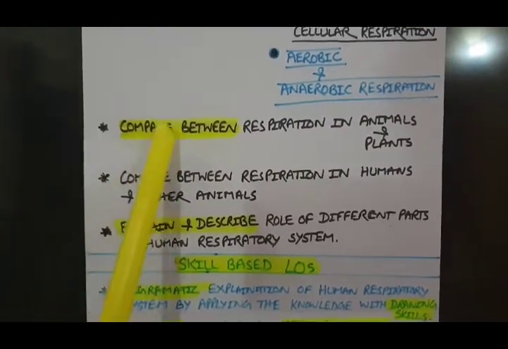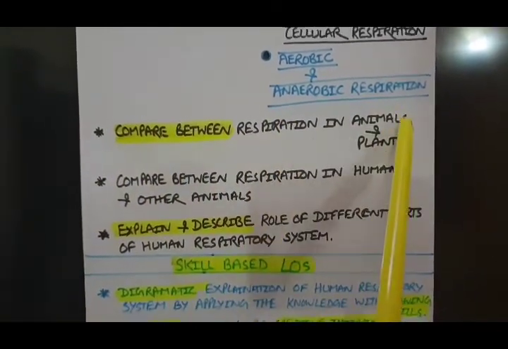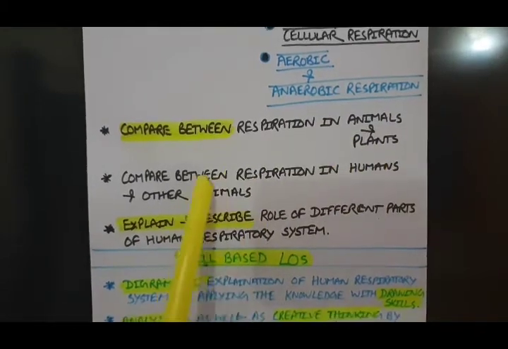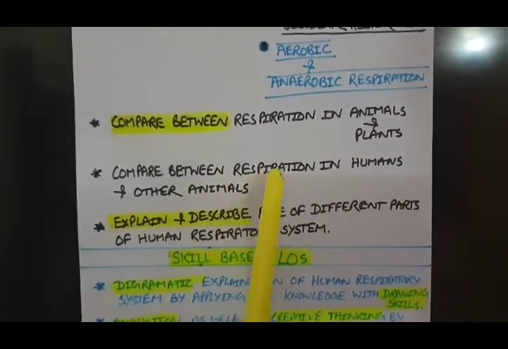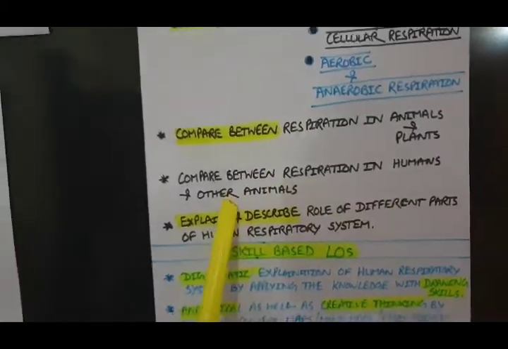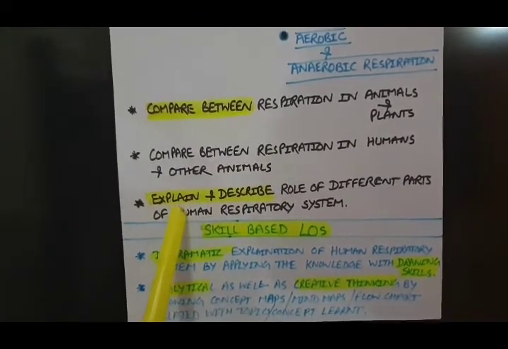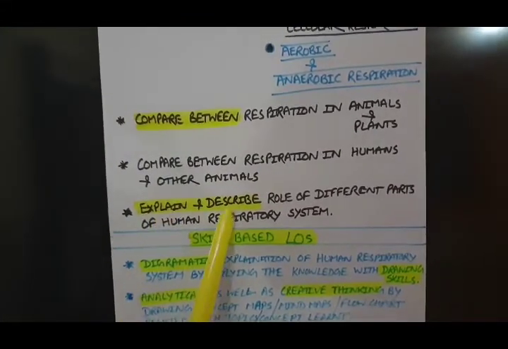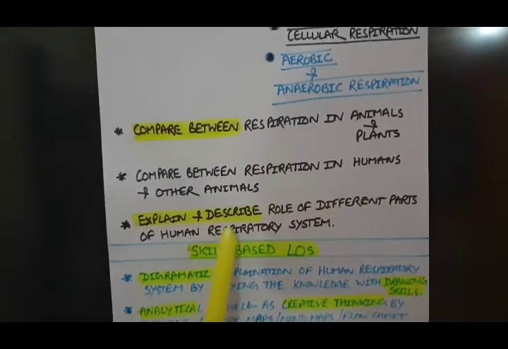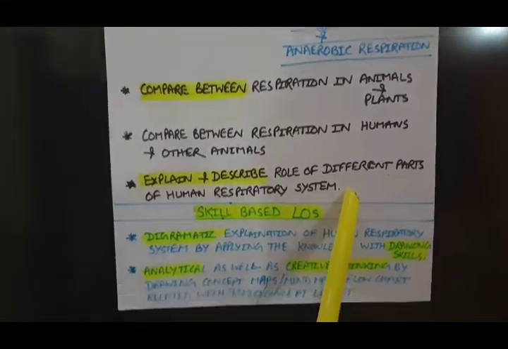You will also be able to compare respiration in animals and plants, and respiration in humans and other animals. You will be able to explain and describe the role of different parts of the human respiratory system.